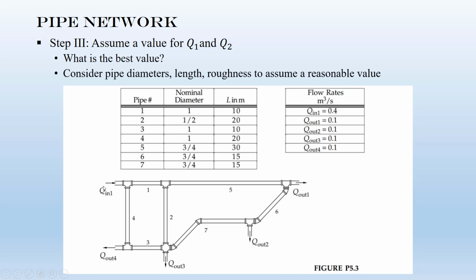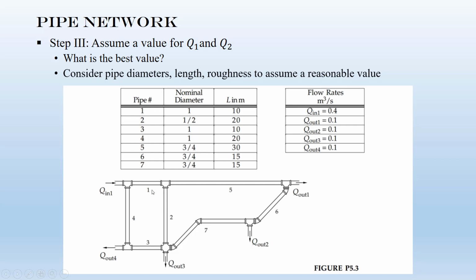The total flow is 0.4, and I assume that pipe 1 and pipe 4 have the same nominal diameter, so I assume that 50% of the fluid goes through pipe 1, so Q1 is 0.2. Pipe 2 and pipe 5 have different sizes, so you can select different values for the volumetric flow in pipe 2 and pipe 5.